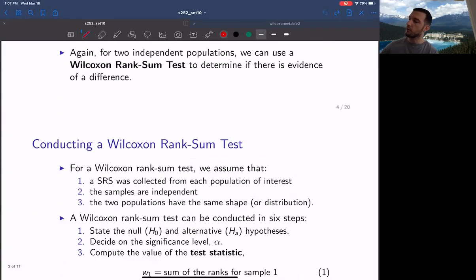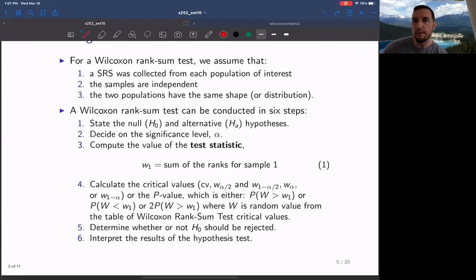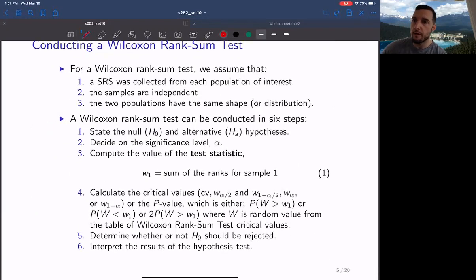All right. So the Rank-Sum Test works pretty much like the other hypothesis tests that we have studied in this course. We start off with a set of assumptions, and then we work through a 6-step procedure to determine if we have evidence for or against the null.